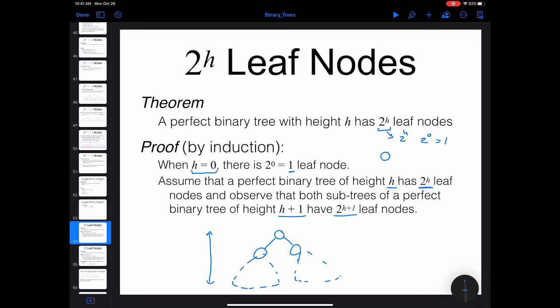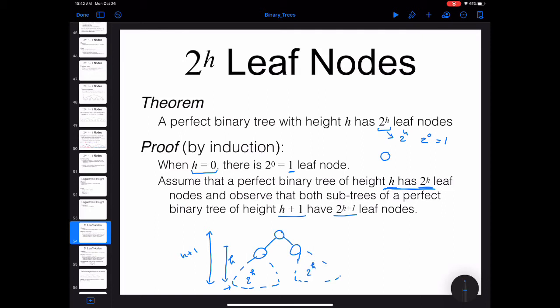The height here is supposed to be h plus 1, right? And in a perfect binary tree of height h plus 1, you should have exactly 2 subtrees, each one of which is going to be a perfect binary tree of height h. How many leaf nodes would I have here? The assumption is telling me that I would have 2 power h leaf nodes, and I would have 2 power h leaf nodes here.